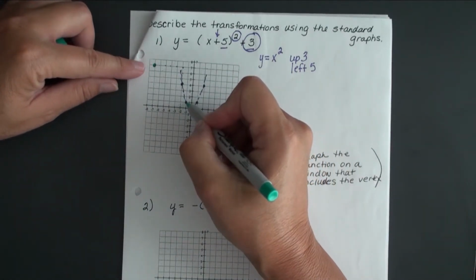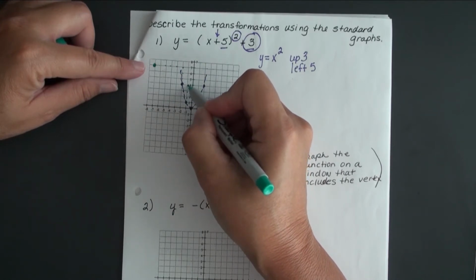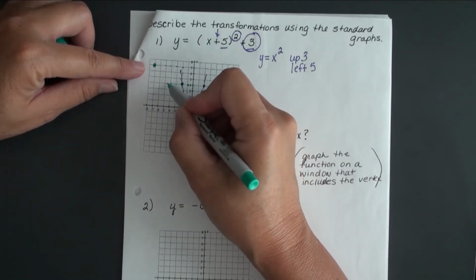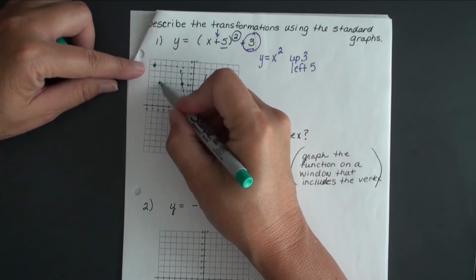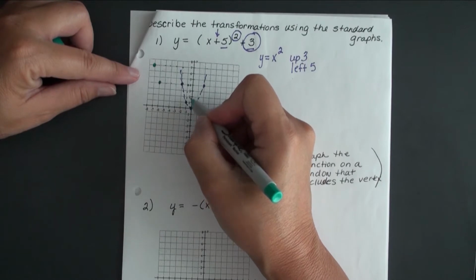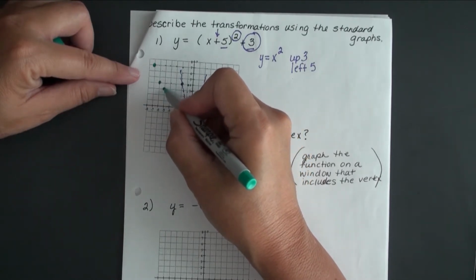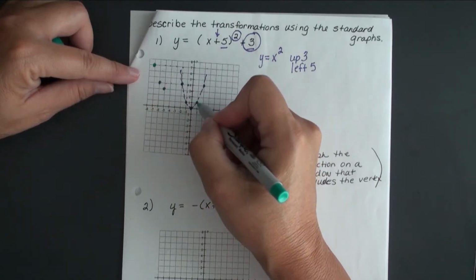Now I'll take this point. I'm going to go up 3, 1, 2, 3, and left 5, 1, 2, 3, 4, 5. Then I will take my center. I'm going to go up 3 and left 5. Then I'm going to take my 1, 1.